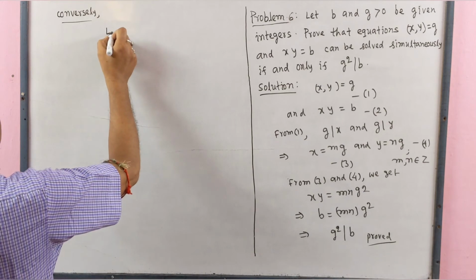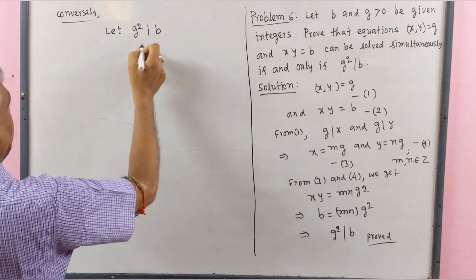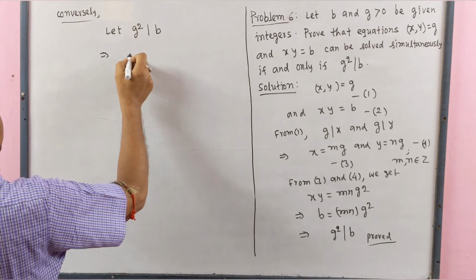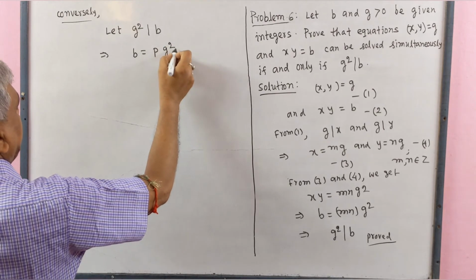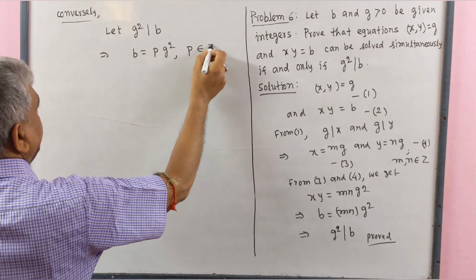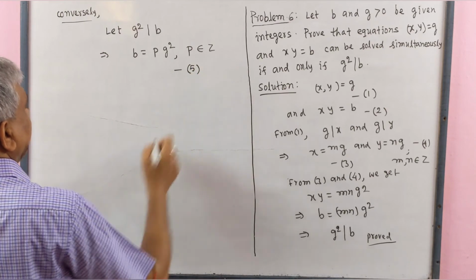let g square divides b, implies that b equal to p g square, p belongs to Z. Let this is number 5.